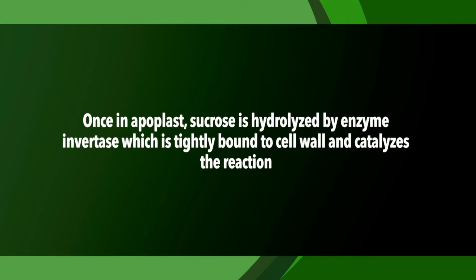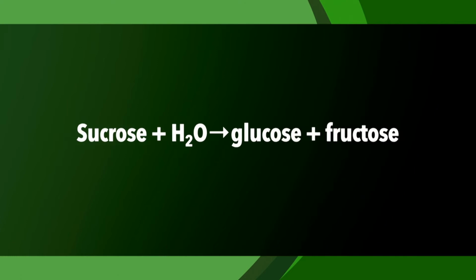Once in the apoplast, sucrose is hydrolyzed by the enzyme invertase, which is tightly bound to the cell wall, and catalyzes the reaction: sucrose plus water gives glucose plus fructose. This reaction is essentially irreversible, and the hydrolysis products, glucose and fructose, are actively taken up by the sink cells.